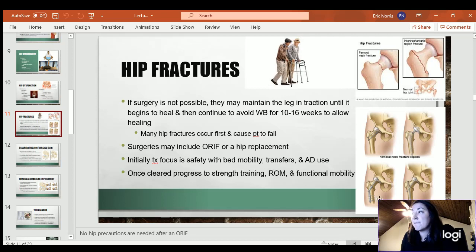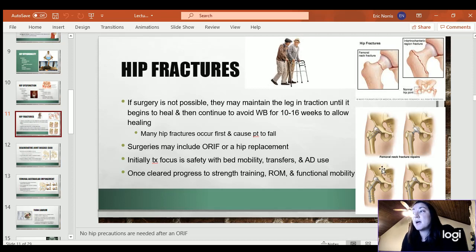And then if it's an intertrochanteric fracture rather than a fracture of the femoral neck, it typically takes more like a rod and pin, because they have to secure both ends. And you could possibly do a hip replacement there if necessary.